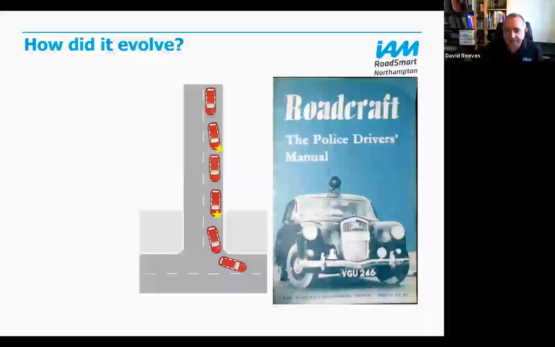Now, being a bit of a nerd, I have bought 1 or 2 copies of Roadcraft. I think I own 4 of them. This is not the earliest one, but it's the earliest one I own. It's Roadcraft, the one that was published in 1960. And I love it. It cost 3 shillings and 6 pence net.